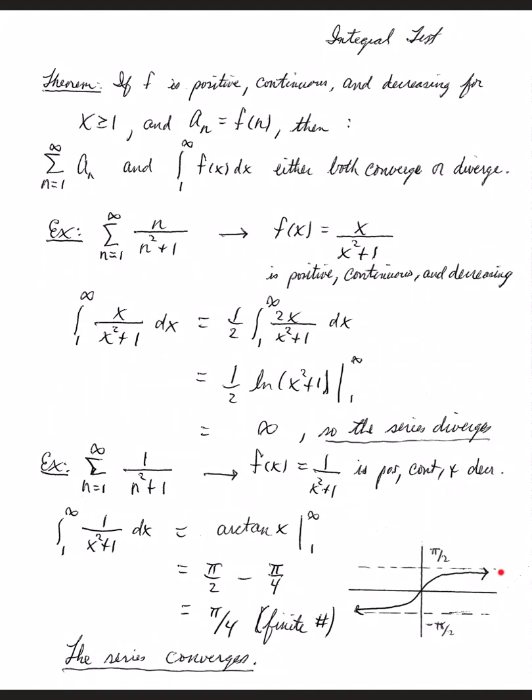As x gets really large, there's a horizontal asymptote at pi over 2. So arctangent of infinity is pi over 2, minus arctangent of 1, which is pi over 4. That has a difference of pi over 4. That's a finite number, so that tells us that this infinite series converges.